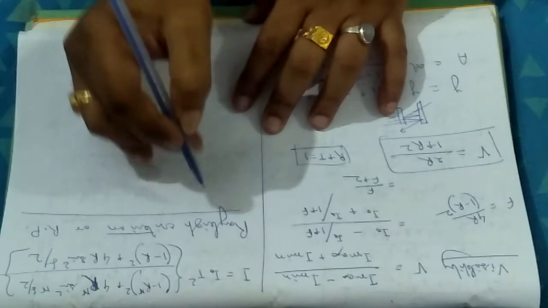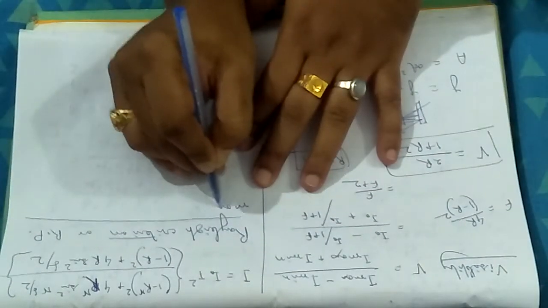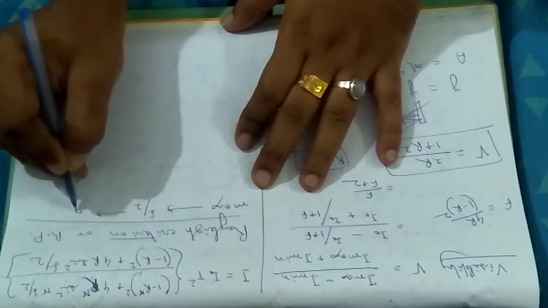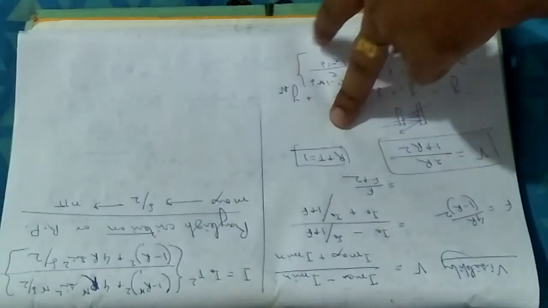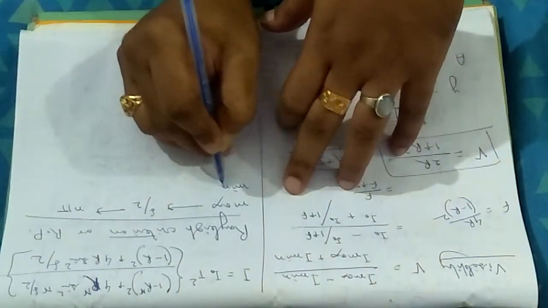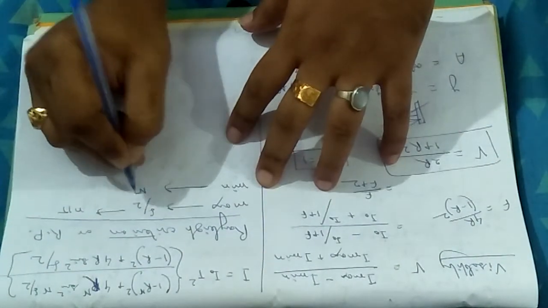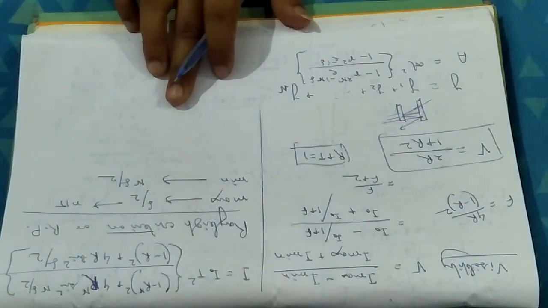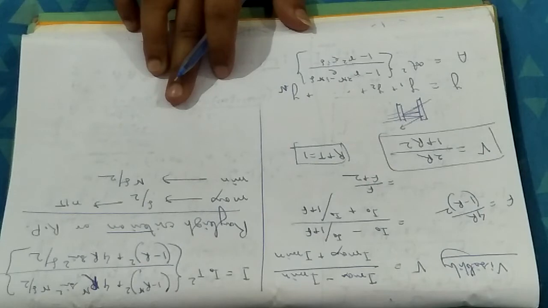So the maxima is governed by delta by 2 tending to n pi, but all the minima will be governed by n delta by 2, similar to grating.